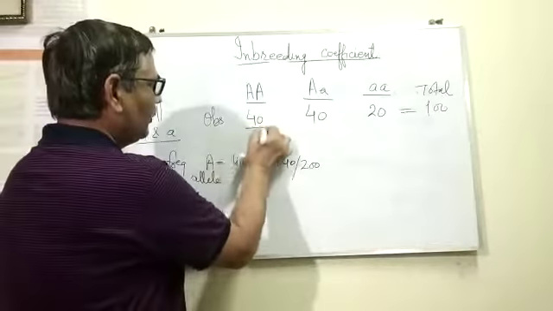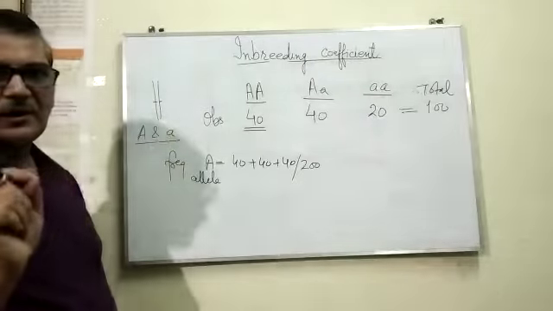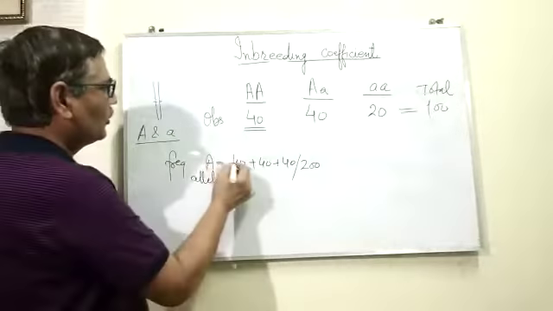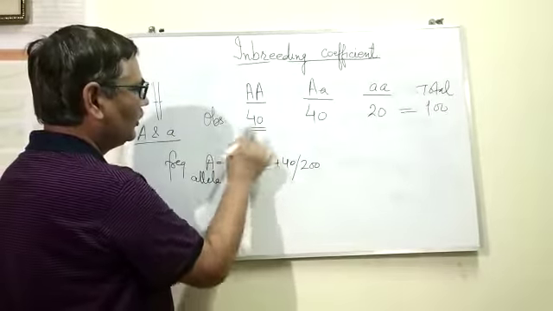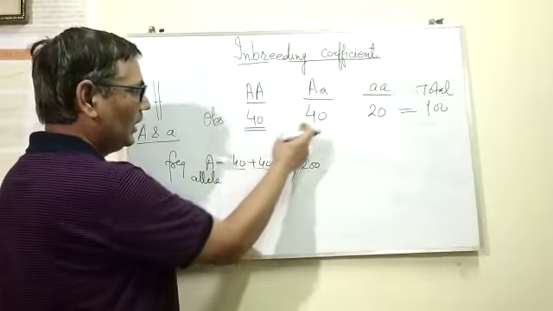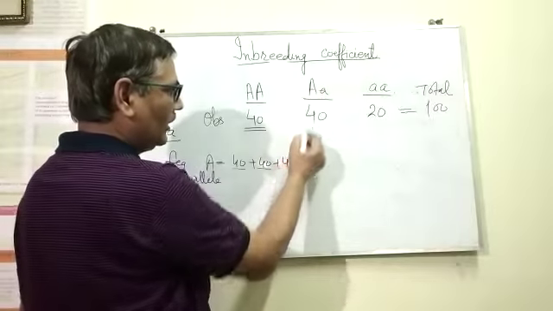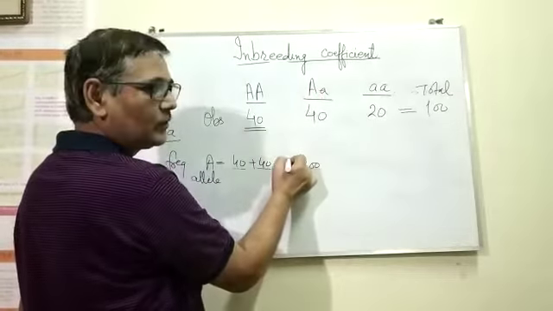Now, if 40 individuals are AA, it means both chromosomes have the capital A allele. So that is why we are taking 40 twice, 40 on one chromosome, 40 on another chromosome, and then those who are heterozygotes also contain capital A. So this number 40 will also be coming here.